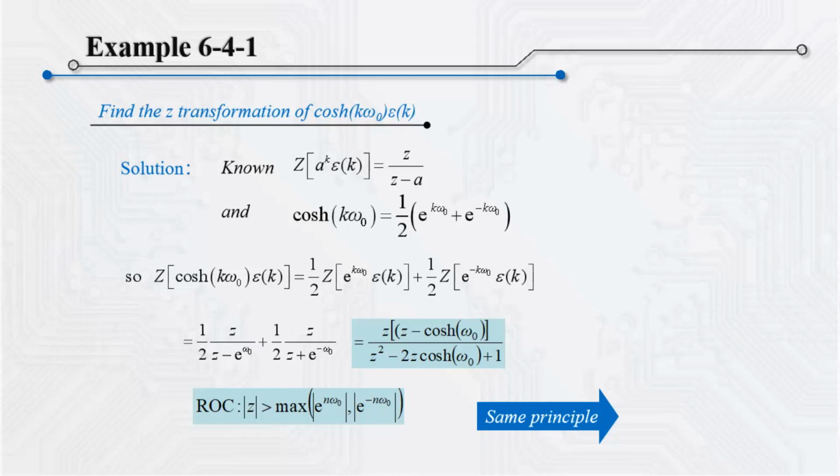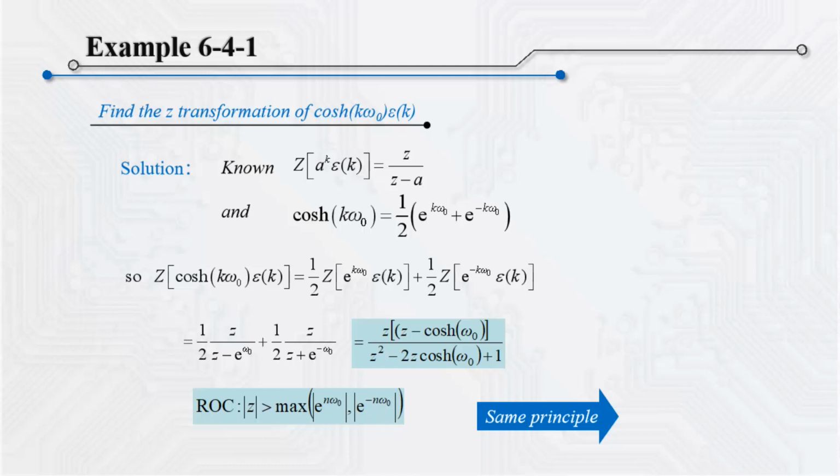Therefore, according to the z transform of our known sequence and the nature of the linearity we construct, you can see the first sequence transforms to this corresponding form. The corresponding z transformation of the second sequence is this form. We organize accordingly. It can also be organized like this.